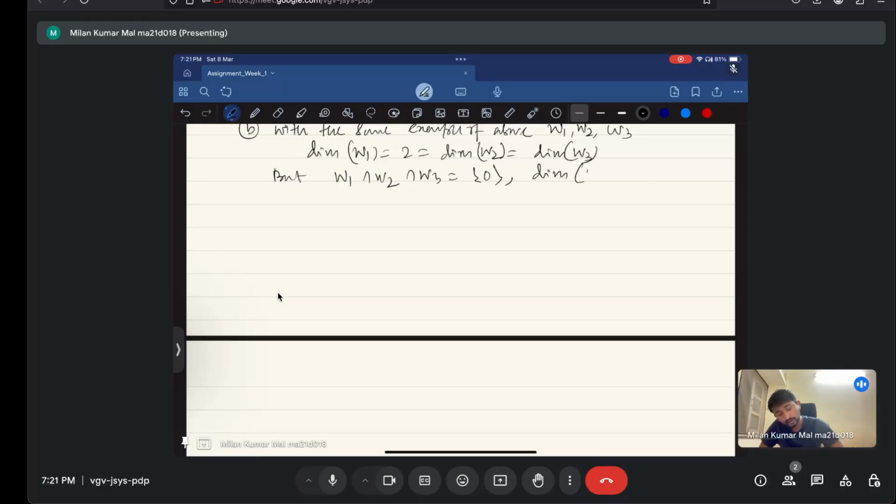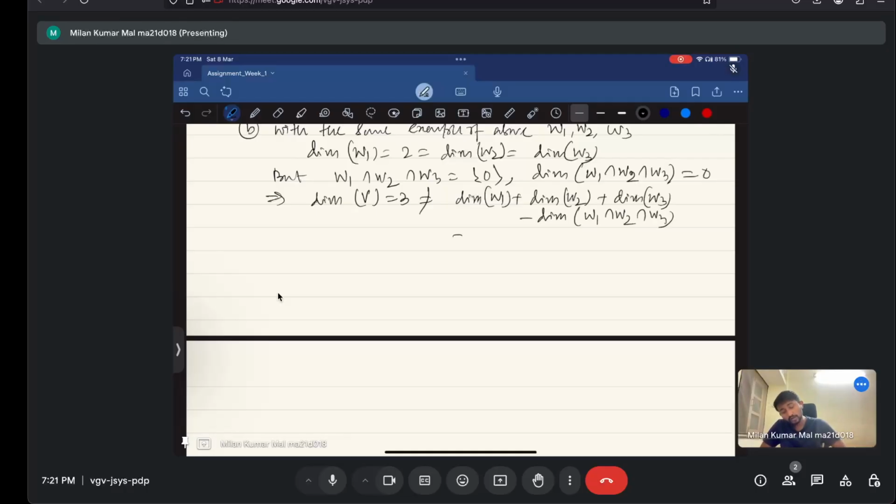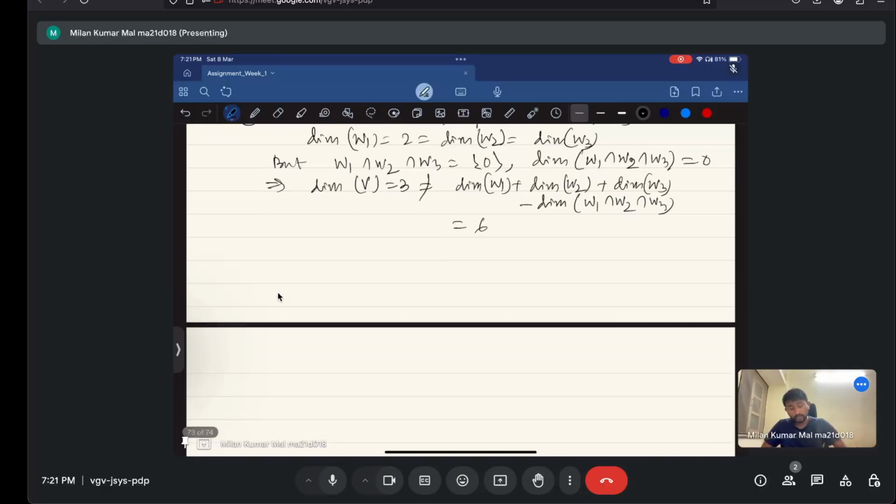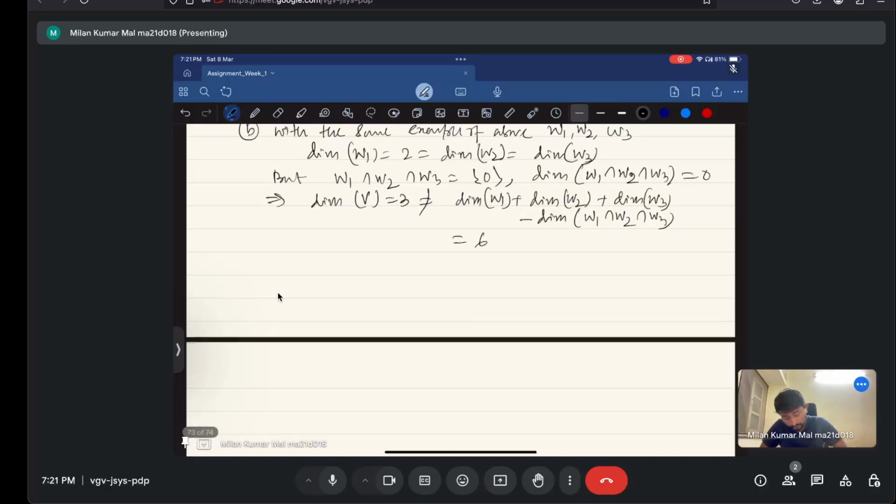So the dimension of W1 intersection W2 intersection W3 equals 0. Therefore the dimension of V, which is actually 3, is not equal to the dimension of W1 plus the dimension of W2 plus the dimension of W3 minus the dimension of W1 intersection W2 intersection W3, which equals 6. So therefore option B is also false.